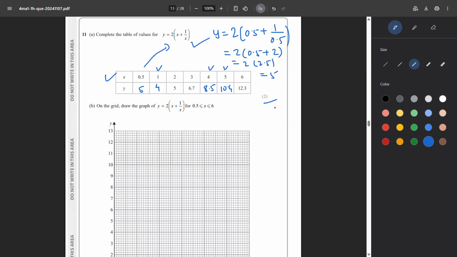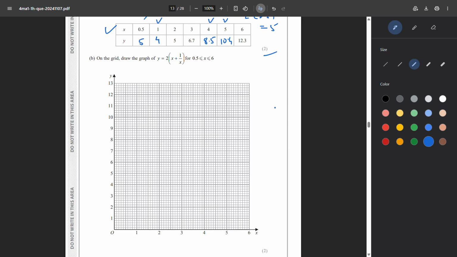And now we have to draw the graph. You have to plot these values. This will be your x values and this will be your y values. So for 0.5 and 5, your first point will be like this.